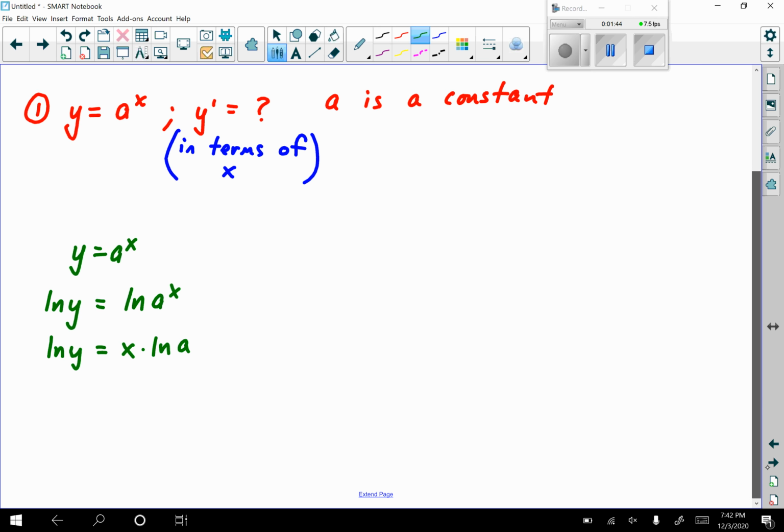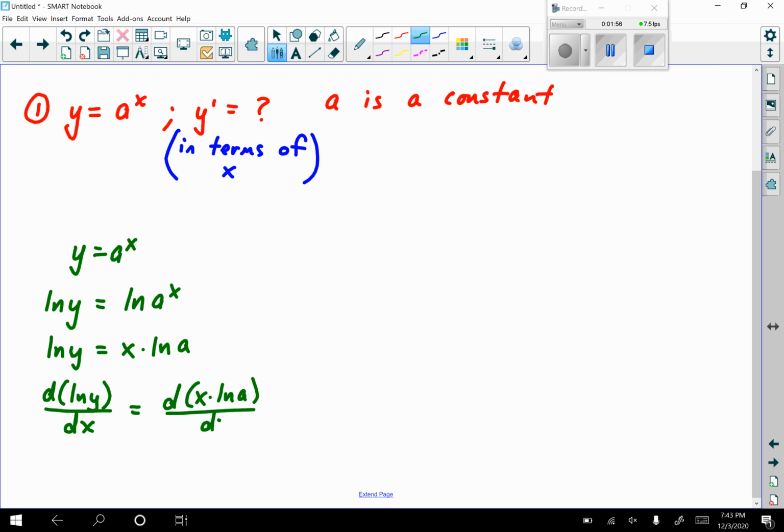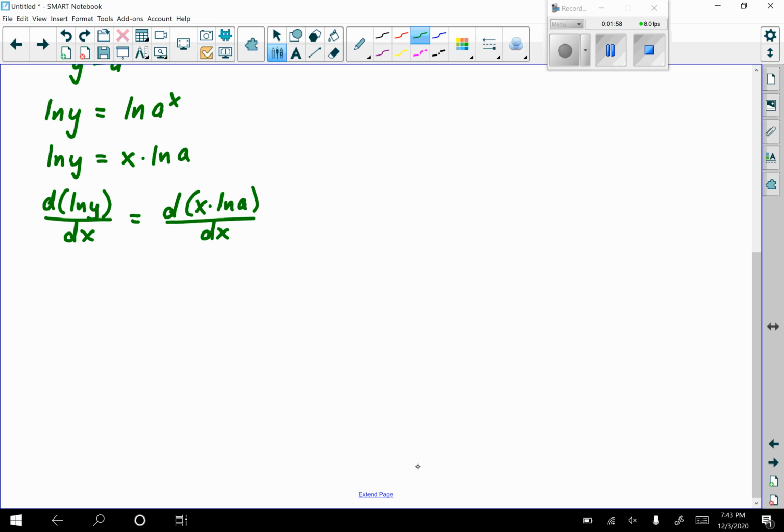And then I'm going to go ahead and take the derivative of each side. All right, so we saw yesterday, or 2 days ago rather, what the derivative of the natural log of something was. So the derivative of the natural log of y becomes 1 over y times y prime.